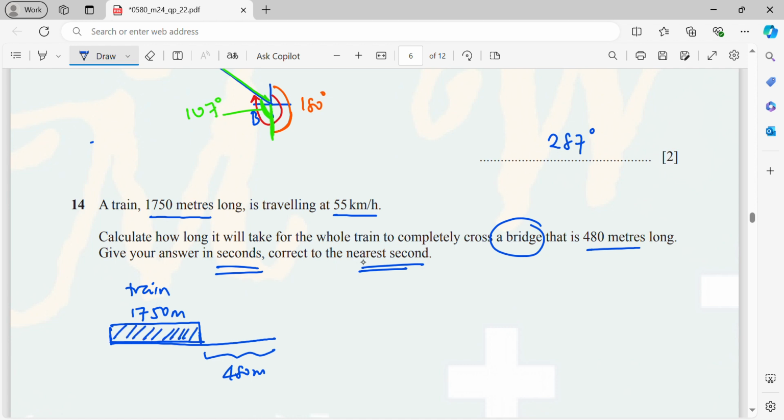Now, how long does it take for the whole train to completely cross a bridge? For the whole train to completely cross a bridge means that it must have traveled the length of the train together with the length of the bridge. Okay, so the distance is basically 1750 meters plus 480 meters.